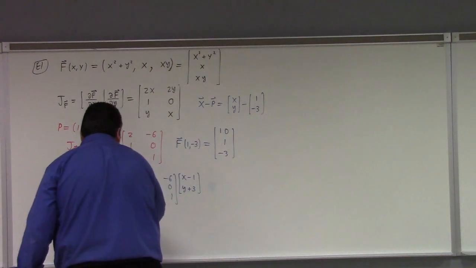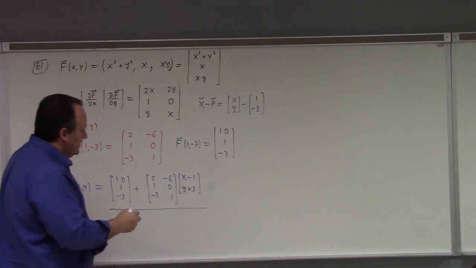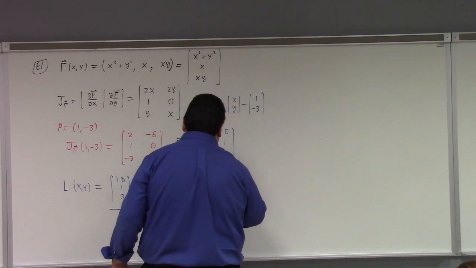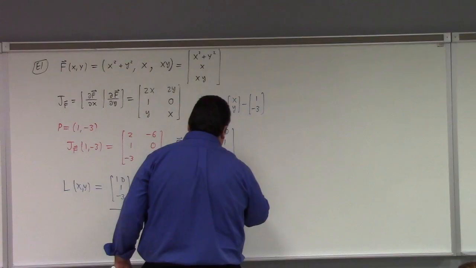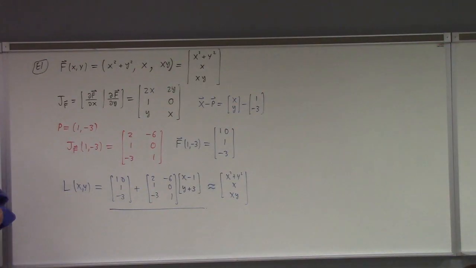This right here is the formula that is approximately equal to x squared plus y squared, x and xy, if we're close enough to the point 1 minus 3. That's the best linear approximation to that nonlinear function of 2 variables with a 3 variable output.